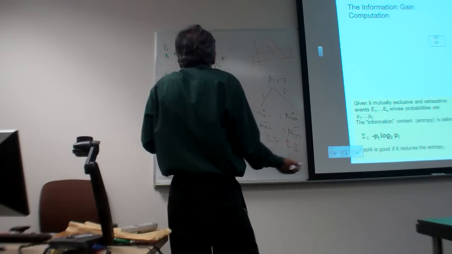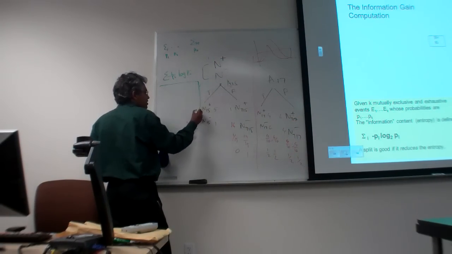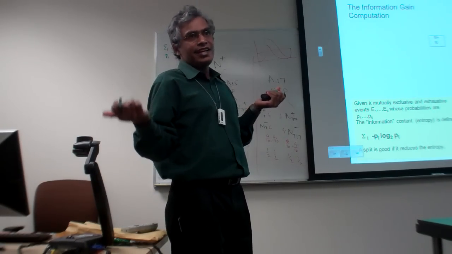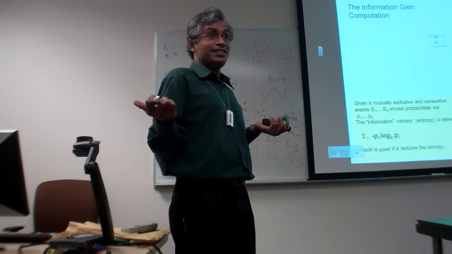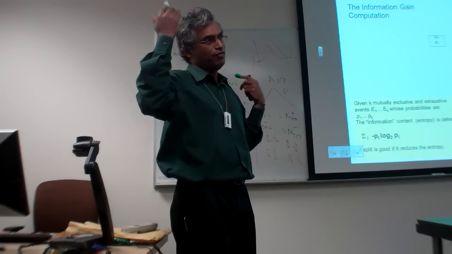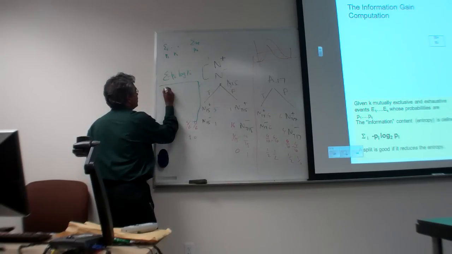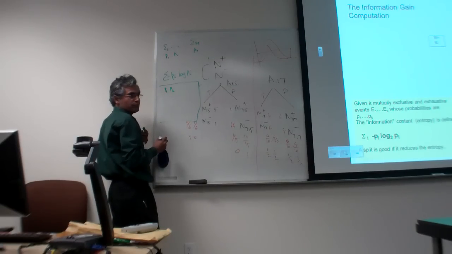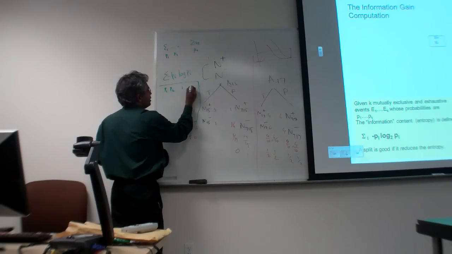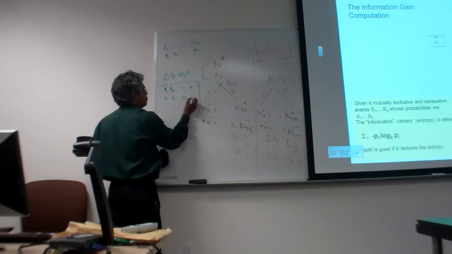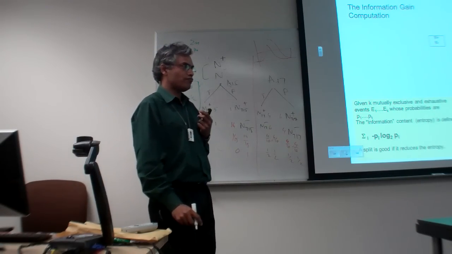Okay, now let's make sure that it makes sense. There are all sorts of ways of saying why this is a reasonable expression. But the simplest is to make sure that it actually works with your intuition. If I have a binary event system, and if I have P1 and P2, if P1 is 1 and P2 is 0, and P1, P2 such that P1 is half, P2 is half.